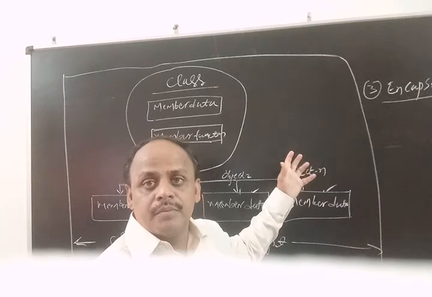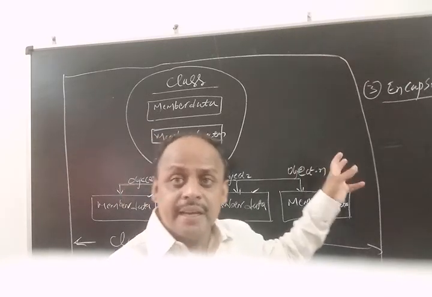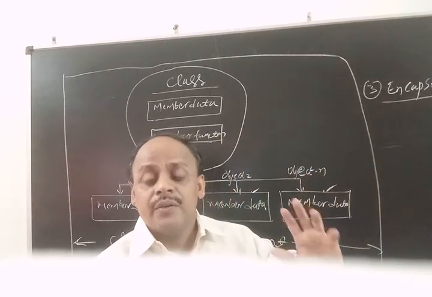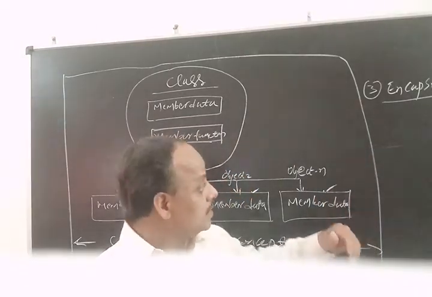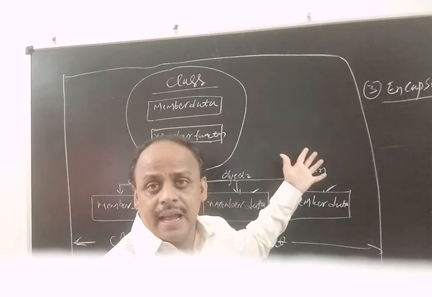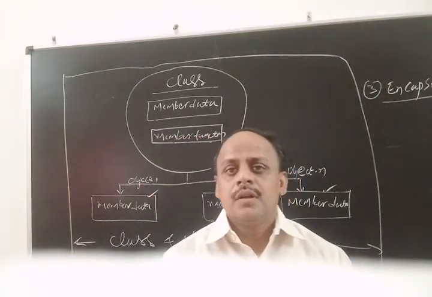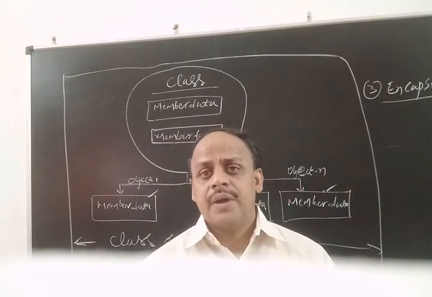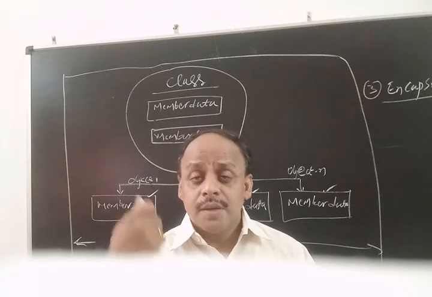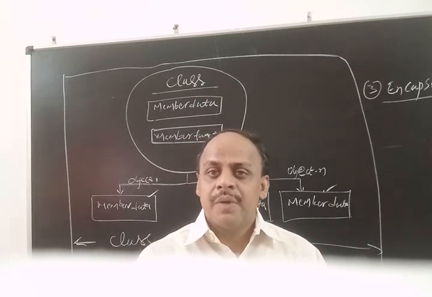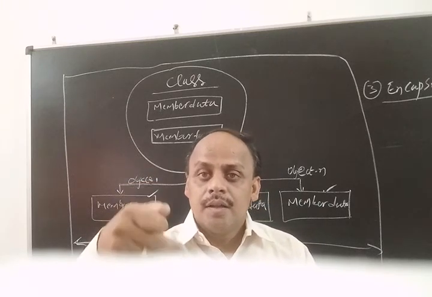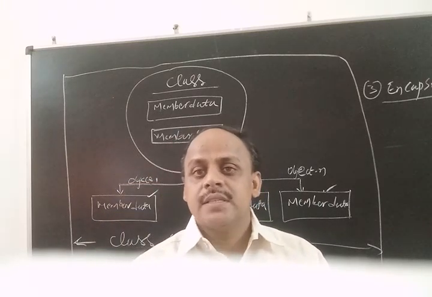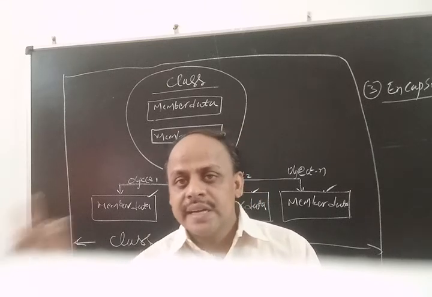Actually, these concepts will become clear once we are able to write a C++ program using OOPS concepts. After declaring a class, suppose the class contains data members as well as member functions. Suppose those data members and member functions are written in private mode, which means they are not accessed outside the class.